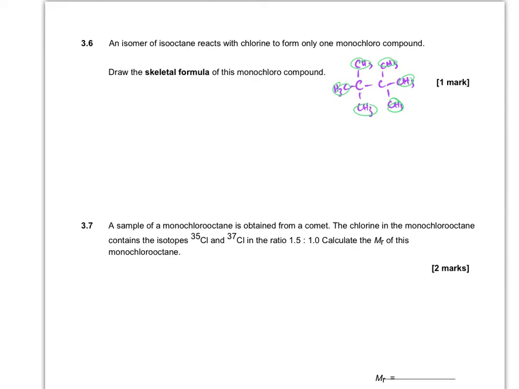It doesn't matter which hydrogen you substitute, as long as you substitute one. So that's what the original isomer of isooctane would look like, and then we need to stick a chlorine on there. It wouldn't matter where you put it, you could put it on any of those and it would be fine.